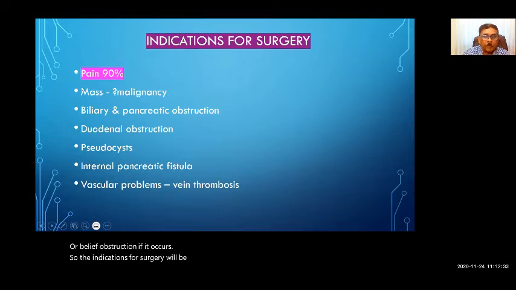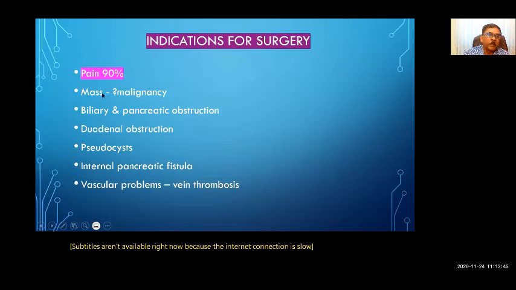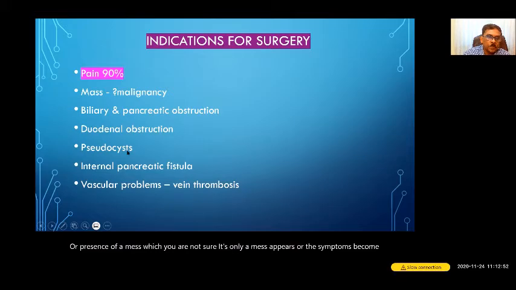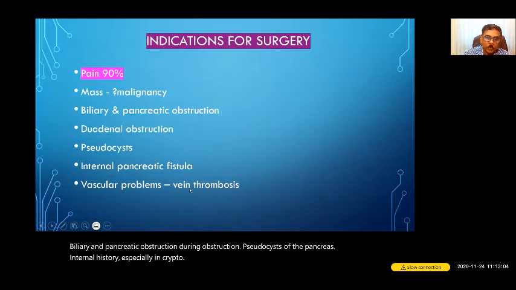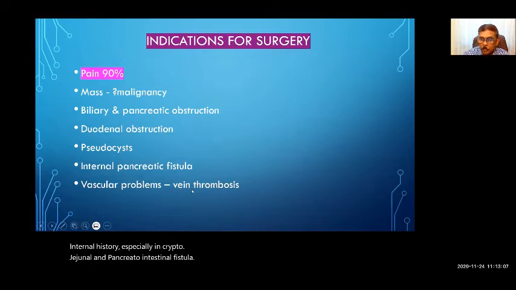Or presence of a mass which you are not sure about. Suddenly a mass appears or the symptoms become different to suggest malignant change, so you may want to go on to do an operation. Other indications are biliary and pancreatic obstruction, duodenal obstruction, pseudocyst of the pancreas, internal fistula, especially pancreatico-jejunal and pancreatico-intestinal fistula, and vascular problems like portal vein and splenic vein thrombosis.